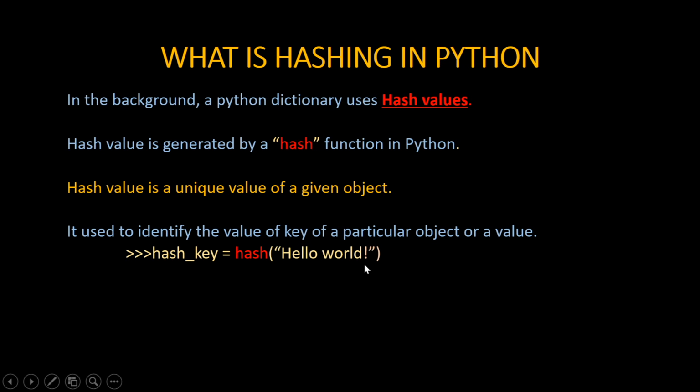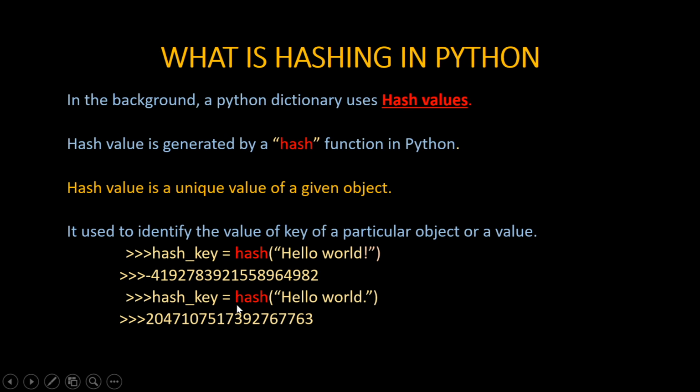Then it will print a huge number, and that number is nothing but the hash value of the key. Now when we print hash_key equal to hash of the string "hello world." with a full stop, it will change the value immediately. So this is how hashing in Python works.